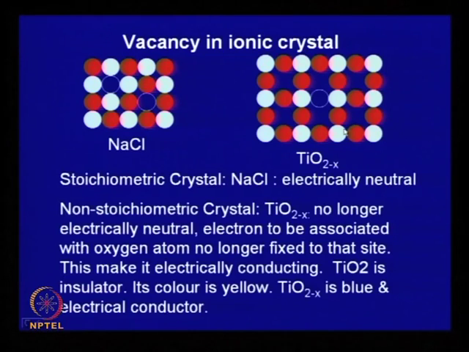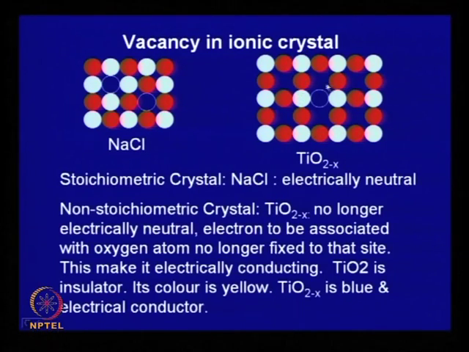So, in this case one of these oxygen atoms here is missing. If that one oxygen atom is missing, the oxygen was likely to share or take 2 electrons from titanium. So, basically these 2 electrons are in excess.